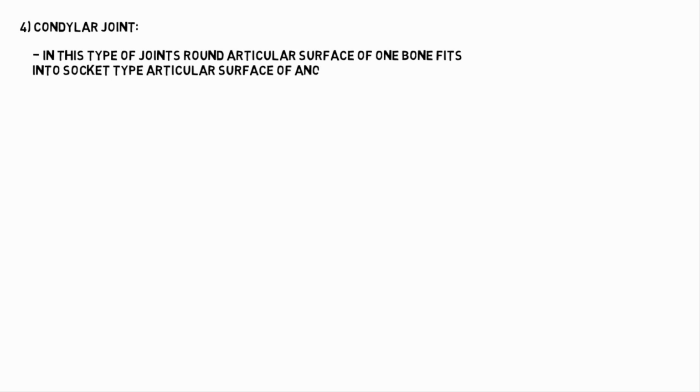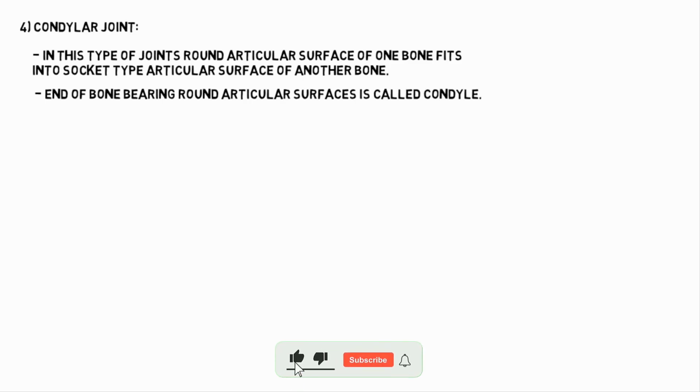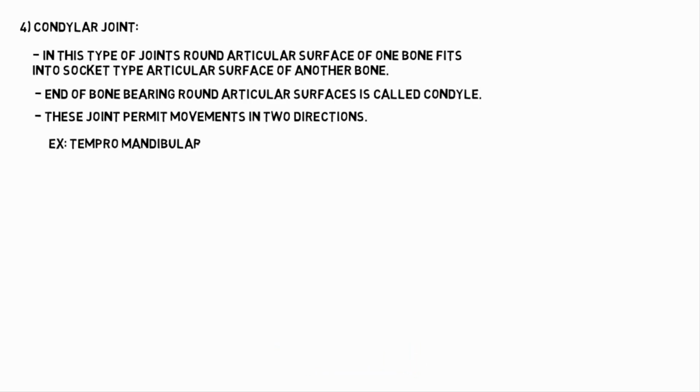In this type of joint, the round articular surface of one bone fits into the socket type articular surface of another bone. The end of a bone bearing a round articular surface is called a condyle. This joint permits movement in 2 directions. Examples are the temporomandibular joint and knee joint.